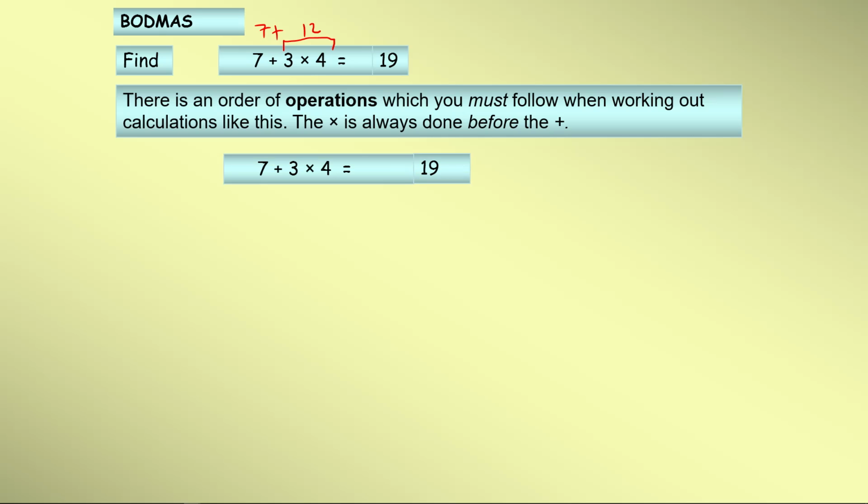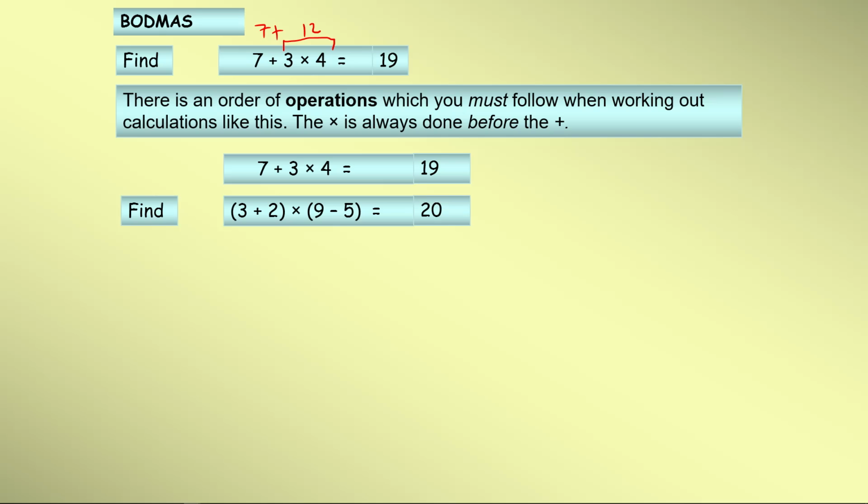Okay. What I want you to do now is have a go at this question for me. I'll give you 15 seconds this time. Go. Five seconds. 3, 1, and you should have 5 times 4 is 20.